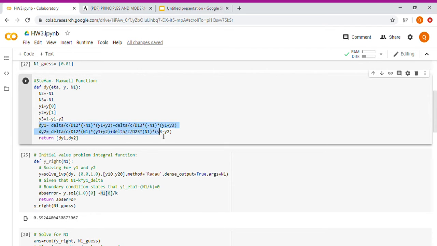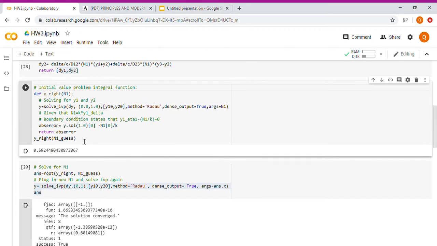And this part right here is derived from the Stefan-Maxwell equation that we've done in class, and if I've done everything correctly, the result would be in the form of an array with two values, dy1 over d eta and dy2 over d eta.